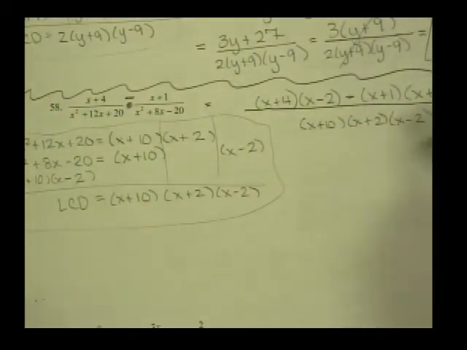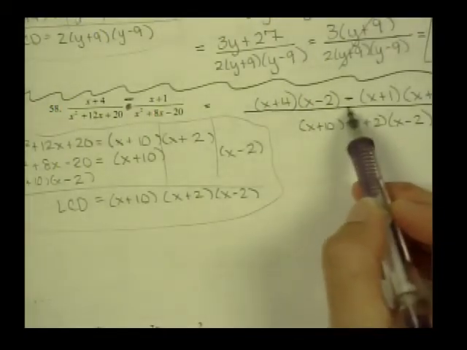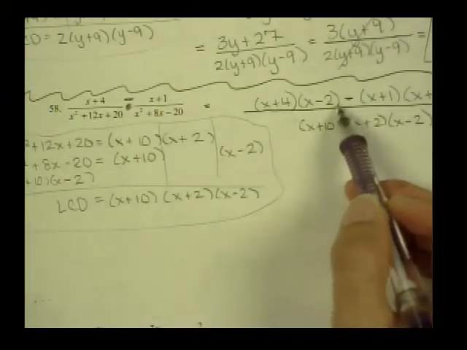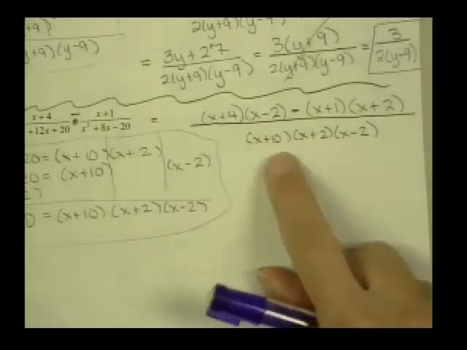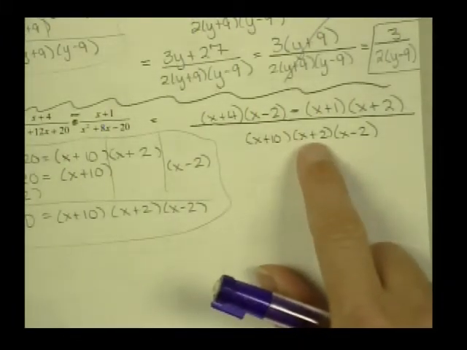Can I cancel these x plus 2's? No. It's not factored. This minus is not in parentheses. So the top is not factored, so we can't cancel anything. So what I want to do is the bottom is going to stay just like that.